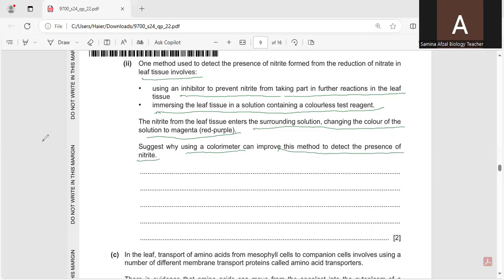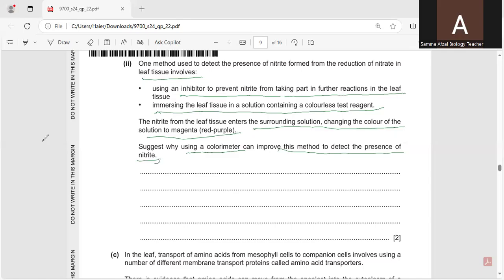Colorimeter, you can see this is the device used in the laboratory. So if a colorimeter is used in this investigation, it can improve this method of detection, because the colorimeter can detect the smallest changes in the color, in the concentration, or anything else.